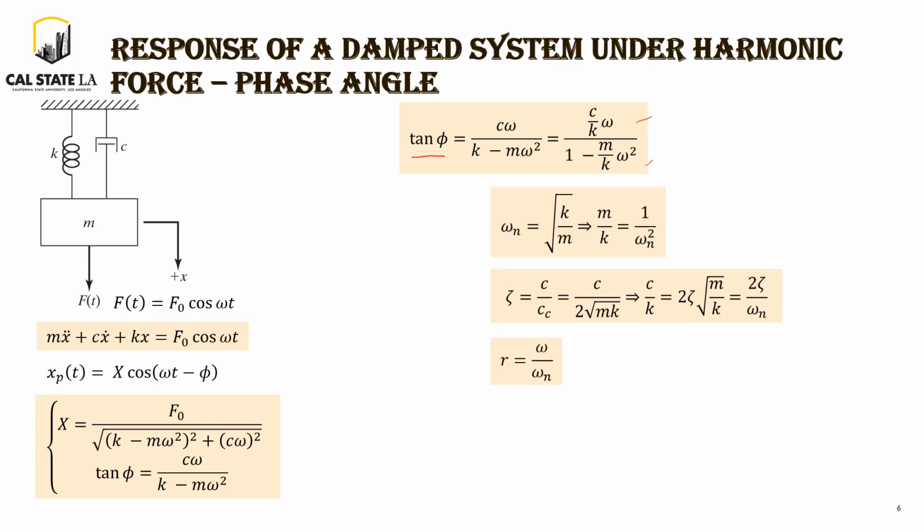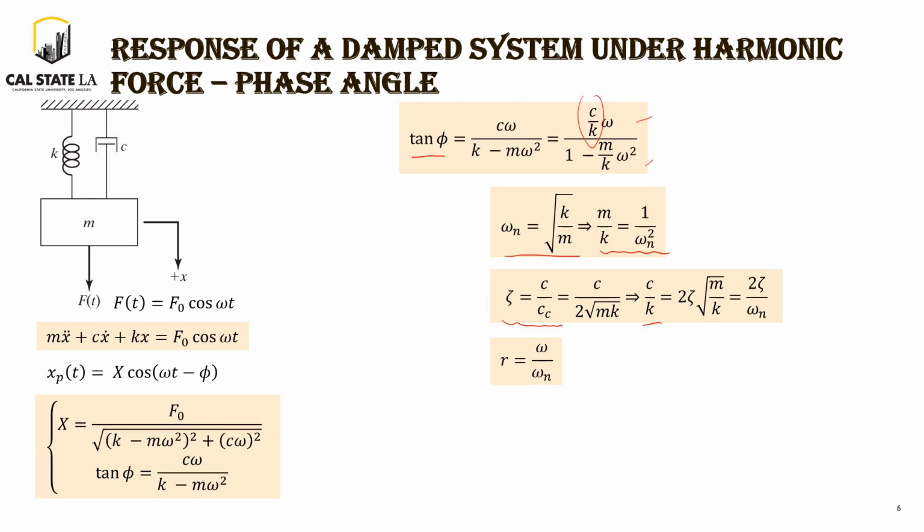Then we're going to use the conclusion that we got before about the natural frequency. The natural frequency is equal to the square root of k over m. So we take the square on both sides and flip them, so it gives us m over k equal to 1 over omega n squared. Further, we can find c over k, because c over k showed up in the numerator over here, right? We're going to find that from the definition of the damping ratio.